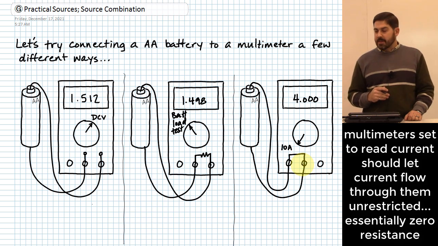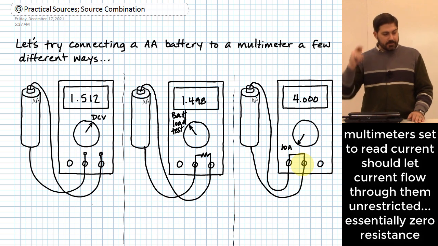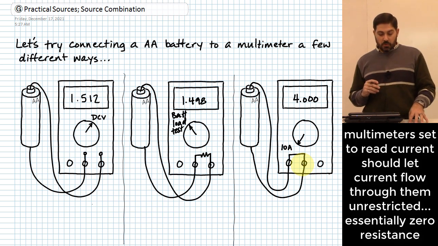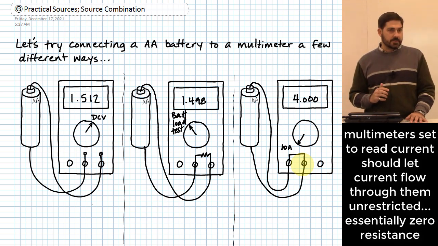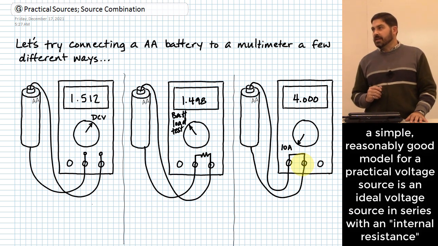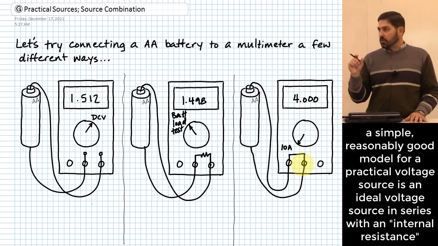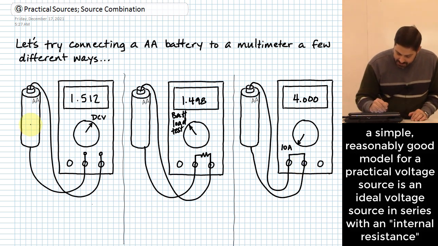All right? So now let's look at all of these relationships here, and I'm going to introduce an idea that I think will help you resolve how all of these different values can be on this multimeter. Instead of thinking about a battery as just a voltage source, what if we think of a battery as a collection of an ideal voltage source?